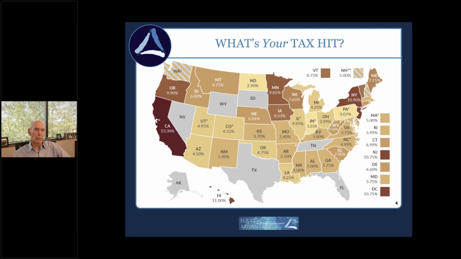But if you exchange into one of these states with no state tax and then later sell, thinking you're going to save yourself that state tax, California's going to basically claw back what was deferred out. Once again, if you continue to exchange, there's no tax consequence. But if you sell, triggering a tax consequence, at that point, they're entitled to recapture what was deferred out of the state. So a lot of these things used to work, they don't any longer.